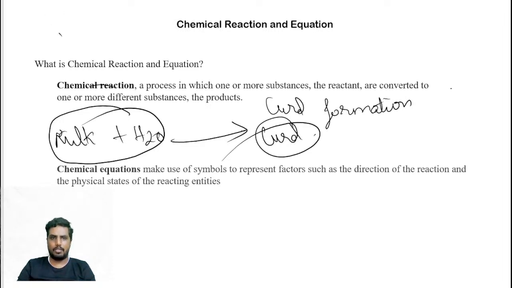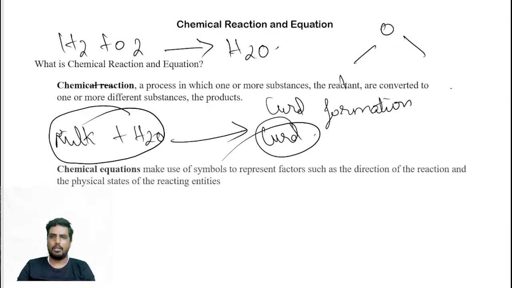And even you can take hydrogen plus oxygen will give water, H2O. So here you will be having 1 O and 2 H to form the water. So this is called the basic chemical reaction, and this involves the formation of products.